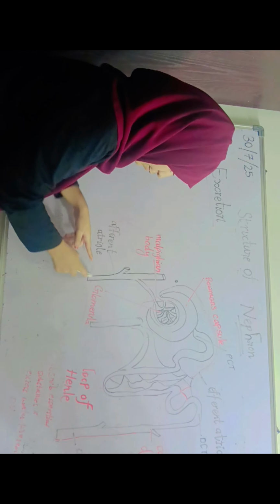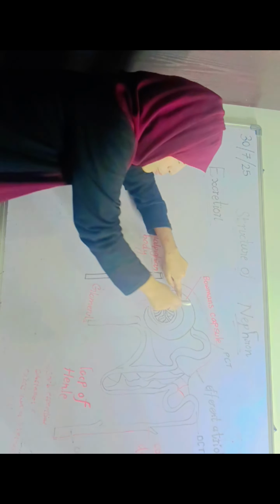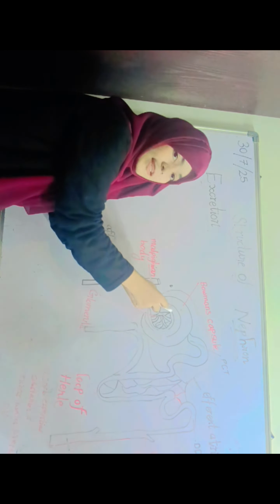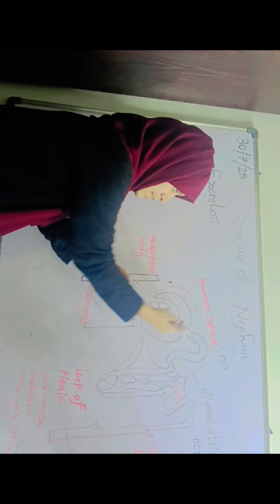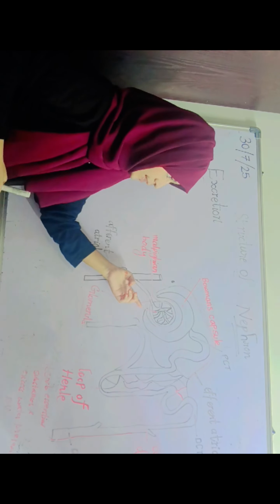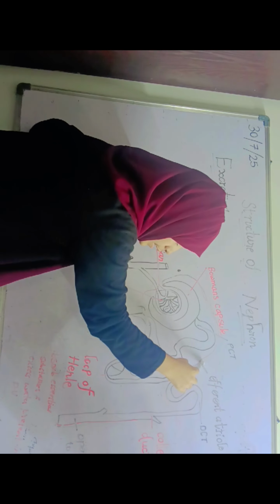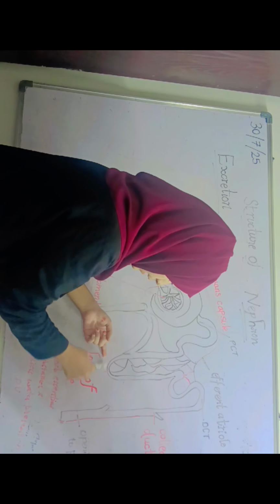It goes through afferent arteriole into the Bowman's capsule, which is cup-shaped in structure. Bowman's capsule sends the blood into the glomerulus. This glomerulus filters the blood under high pressure. This process is called glomerular filtration. After this the filtered blood again travels into the arteriole, which goes into the loop of Henle.